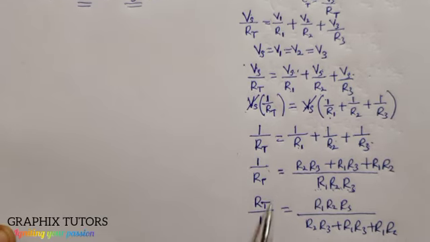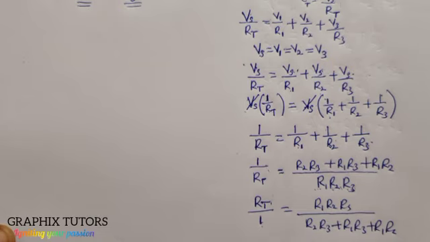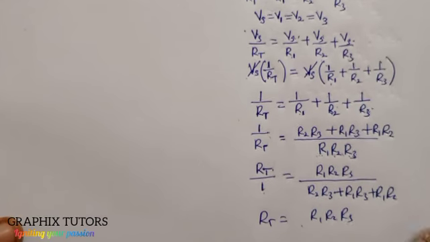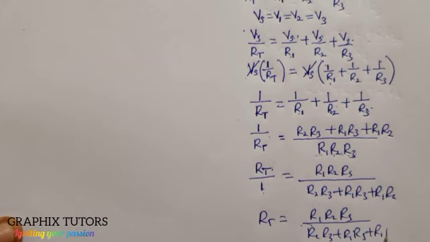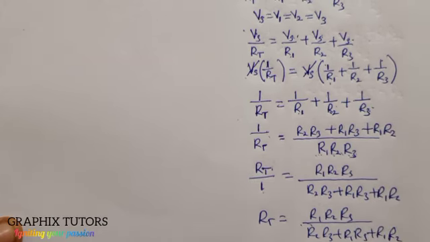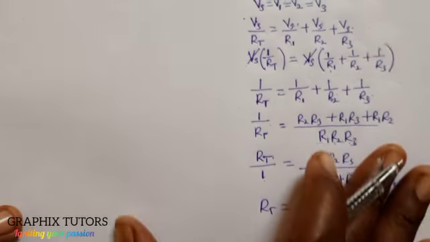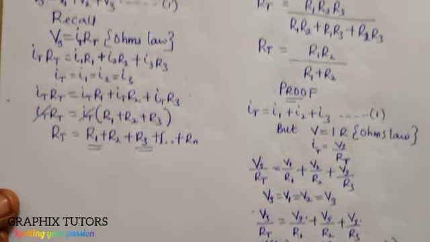Anything over 1 gives you that thing. So we now have R total equals R1, R2, R3 all over R2, R3 plus R1, R3 plus R1, R2. So this is what we're having, and we've proved this here.